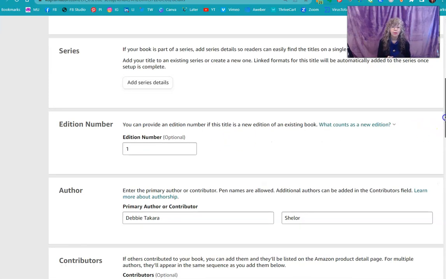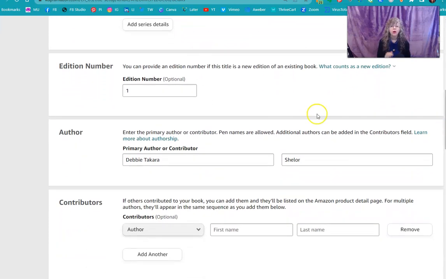What is the author name? So the primary author, Debbie Takara Sheeler. These are what I write under, okay? If there is a contributor or a co-author, they would go down here under contributors, okay? For this particular book, I don't have a co-author.